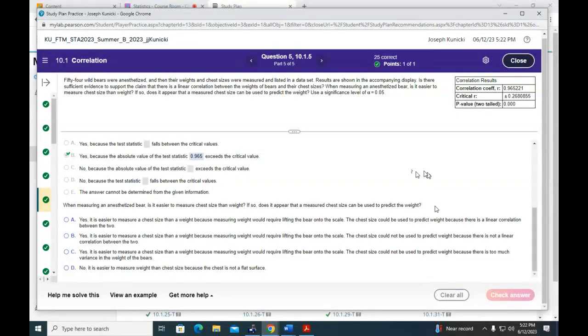Yeah, but it's asking when it's already anesthetized, what's easier to do? Weight. You just throw the guy on the scale. Yeah, but isn't it easier to just throw a tape around the chest? Then you have to lift up an 800-pound bear. You have to lift it either way. Yeah, that's about the point.